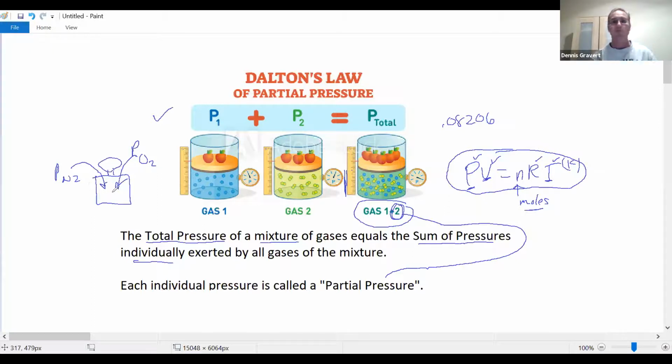If it was empty, you put in the nitrogen, the total pressure you measure is all due to nitrogen. Then you remember what that pressure was as you add more oxygen, and the increase in pressure tells you the partial pressure of oxygen. And then if oxygen's a reagent, for example, you have the partial pressure, you know your volume, your temperature, you then can calculate the number of moles of oxygen. Cool.